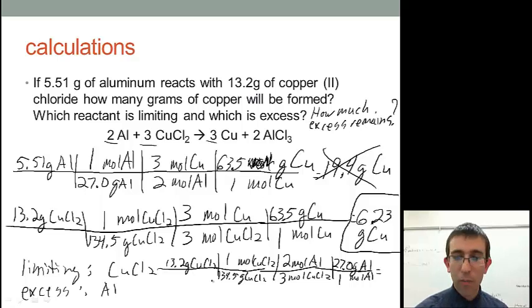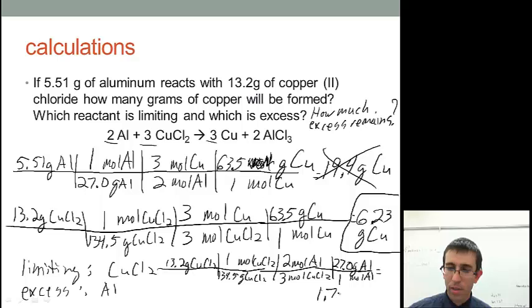Multiplying top, divide on bottom, we're going to get a number, 13.2 divided by 134.5 times 2 divided by 3 times 27. Alright, this number I get here is 1.77 grams of aluminum.